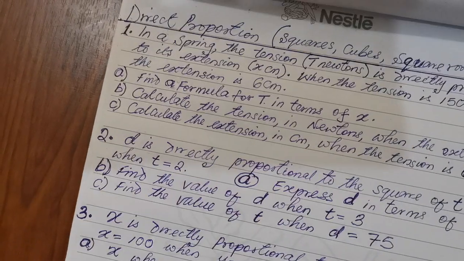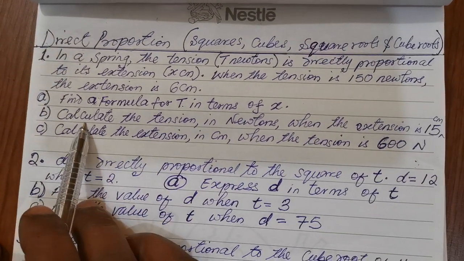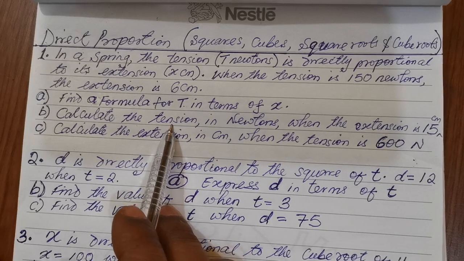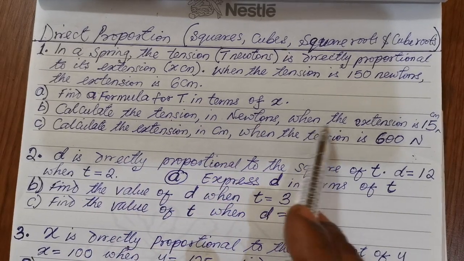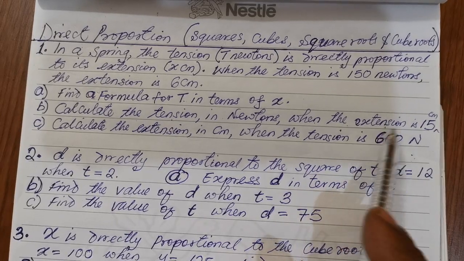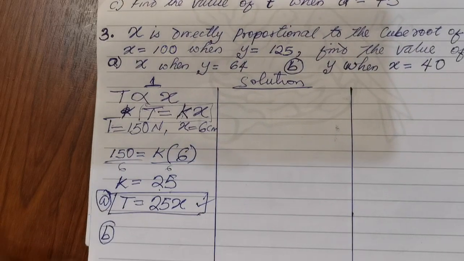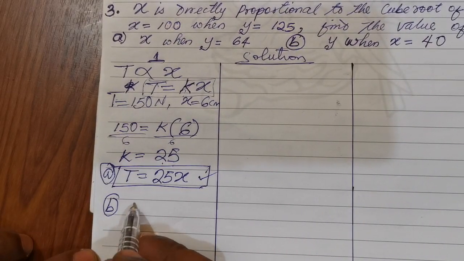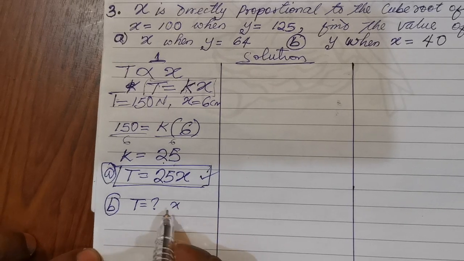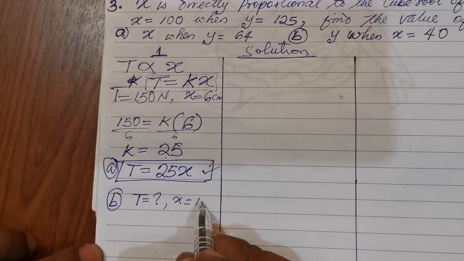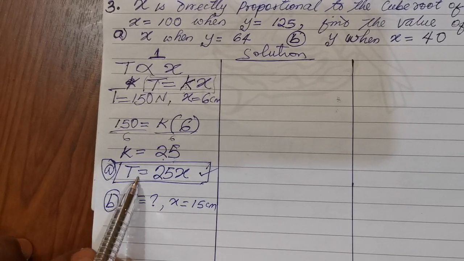The B part says calculate the tension, that is T, in Newton when the extension is 15 cm. We are asked to find T when extension is 15 cm. Okay, now I will use this formula.